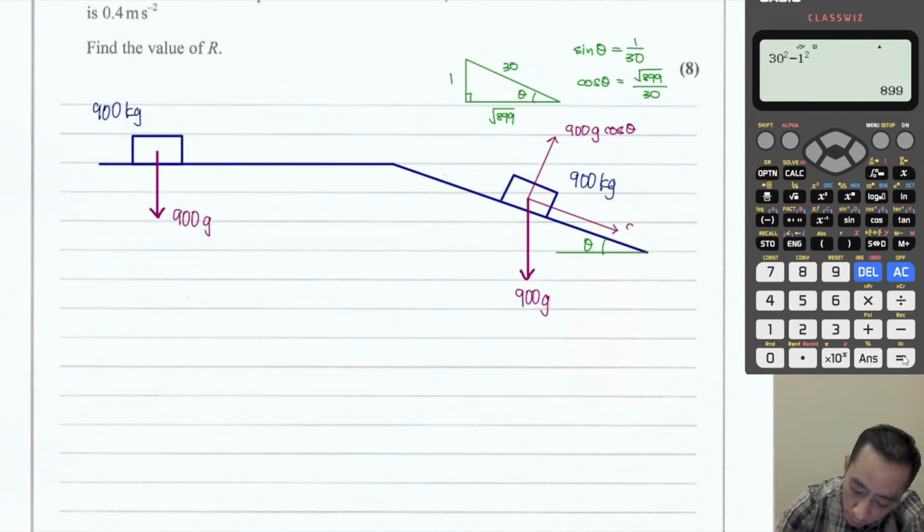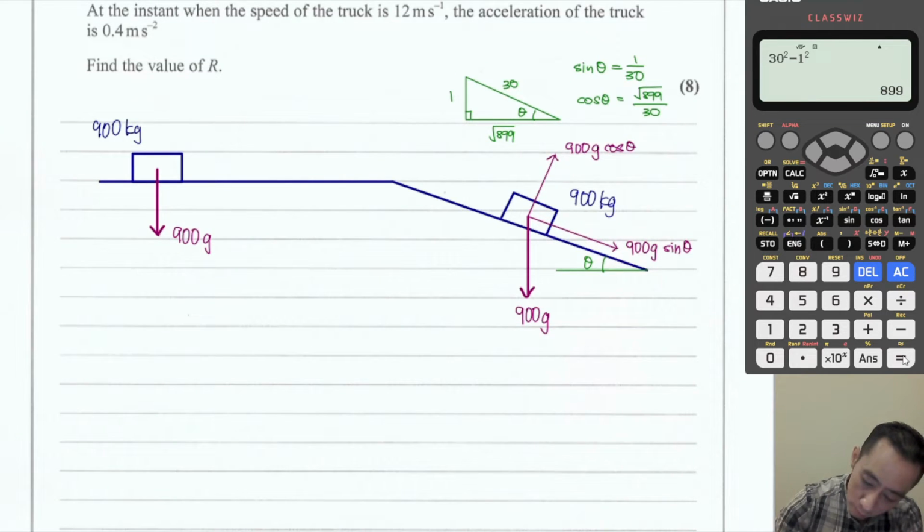And then this one will be 900 g sine theta. So this one is R, sorry, I drew this wrongly. This one is 900 g cosine theta.